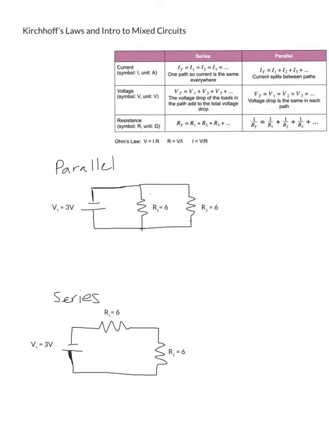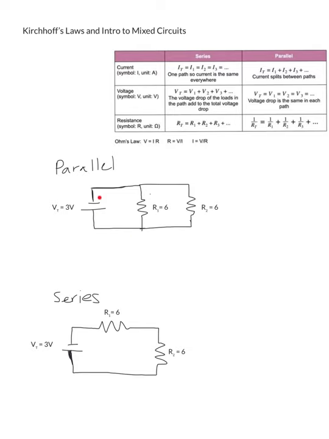So Kirchhoff's laws aren't worded exactly like this, but these are an easy way to think of them for both series and parallel. The voltage drop in any one path has to total the voltage of the battery. So in parallel, the voltage drop will be the same for every single path.